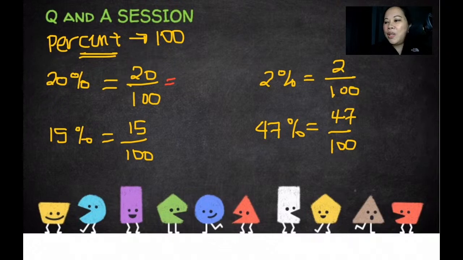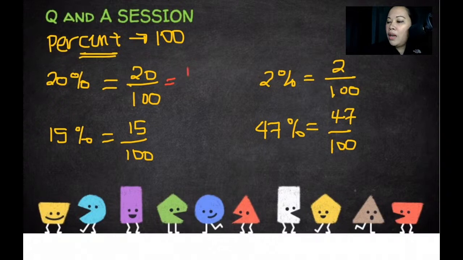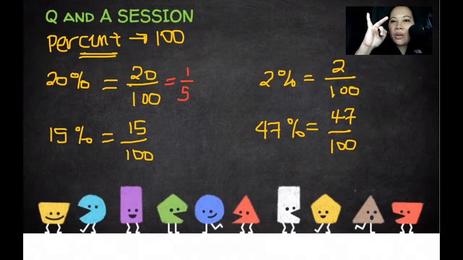You can simplify 20 over 100 to 1 over 5, because in every 100 there are 5 20s: 20, 40, 60, 80, 100.